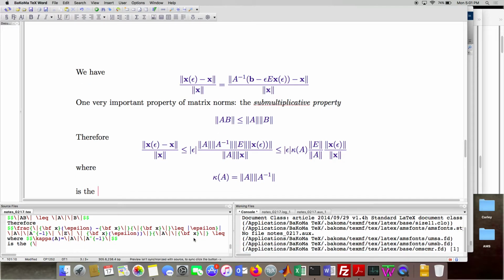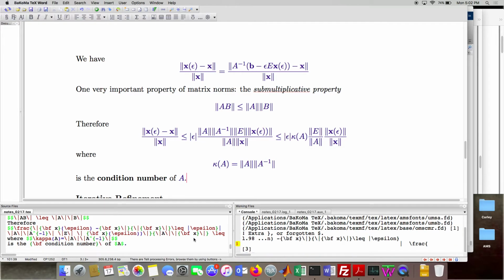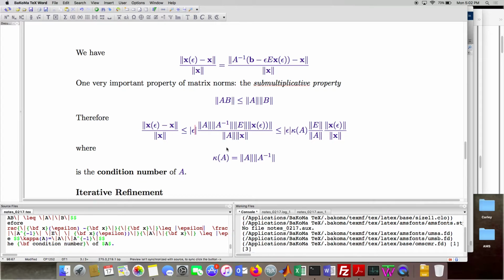And that is the condition number of A, which is actually consistent with the notion of condition number that was discussed in 46560 for more general problems. It's how the backward error, error in the input, is amplified to cause error in the output. So what we have here, the epsilon and norm of E over norm of A, that is the relative change in the matrix, the relative perturbation in the input.